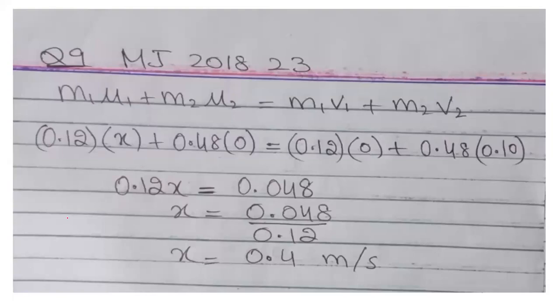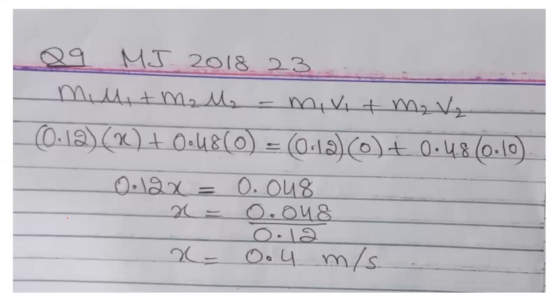So the momentum before the collision and momentum after the collision are equal to each other. So m1 u1 plus m2 u2 is equal to m1 v1 plus m2 v2. So 0.12 kg, that's the soft object, multiplied by x, we don't know its initial velocity, this is the question, plus 0.48 into 0, the coconut is at rest, is equal to 0.12 into 0 because the final velocity of that soft object is 0, plus 0.48 into 0.1.